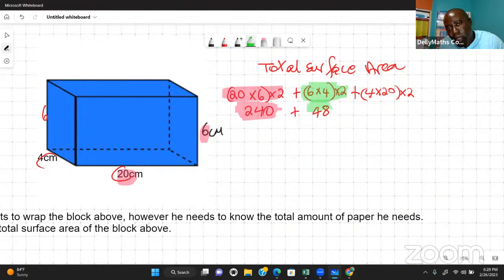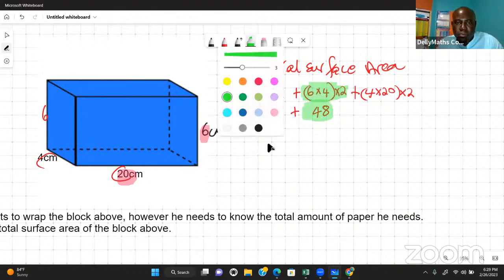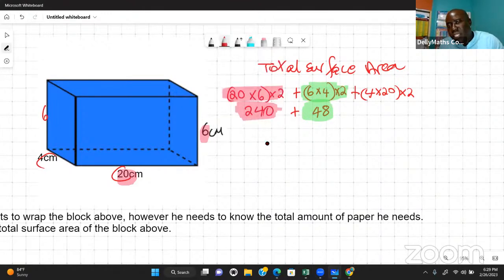I changed the color so that you could see which gives what. And then the last piece, as you could see, is 4 times 20, that's 80. And you double that, you get 160 right here. So this piece, when you work out this 80 times 2, you get 160 for that.